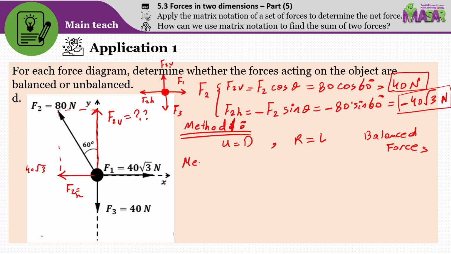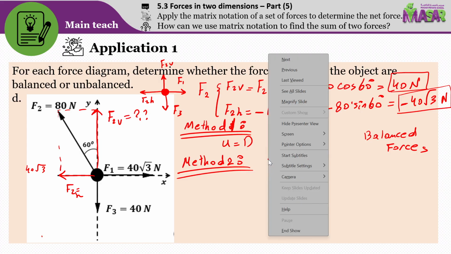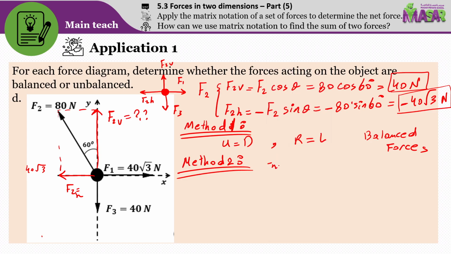Now in method 2, we need to evaluate the forces but using the vector or the matrix notation. So we're going to find the resultant F net, or the magnitude of it, or the component of this.